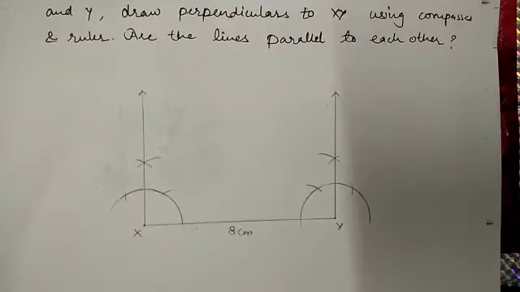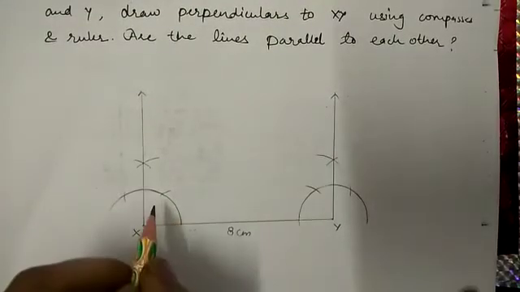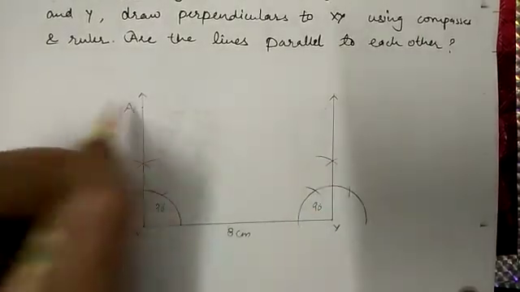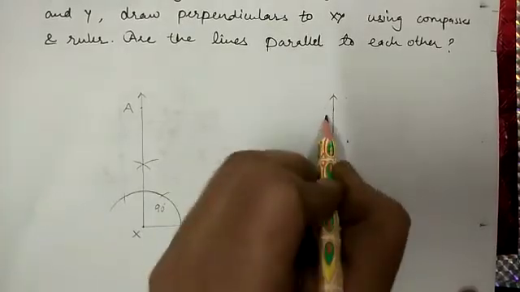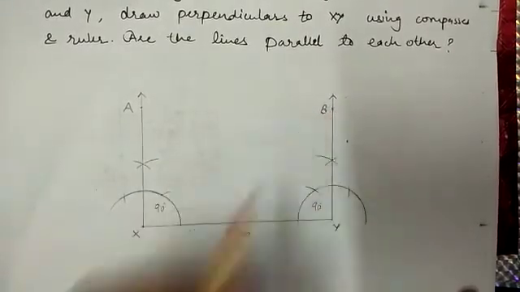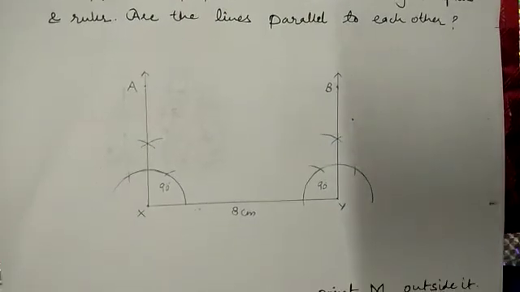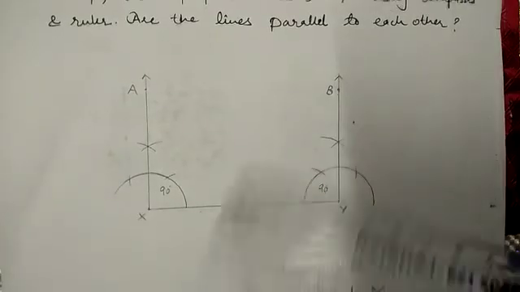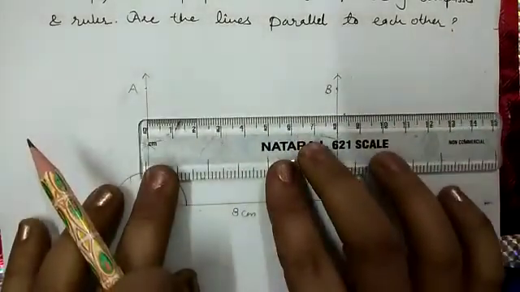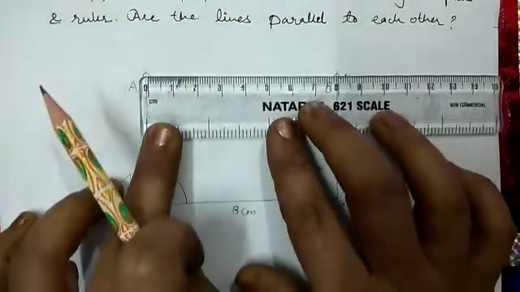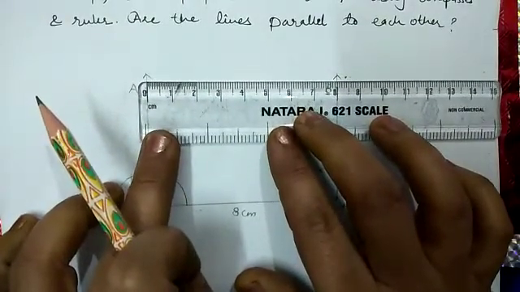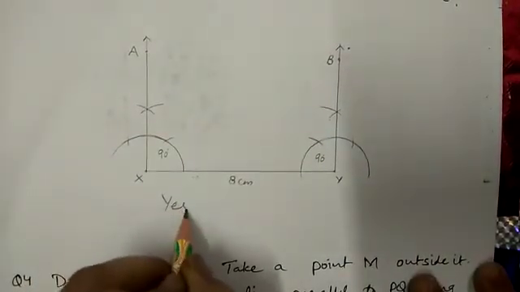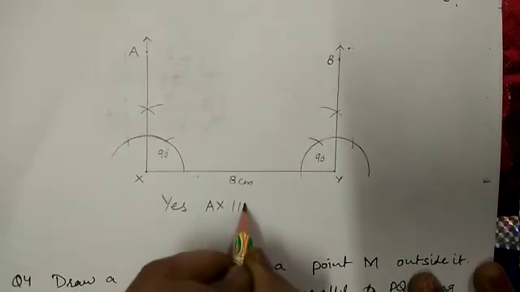See, I have drawn angles of 90 degrees on both X and Y, and here I am naming this point A, and here this point B. Now we have to check whether these lines are parallel to each other or not. If the lines are parallel, in that case the distance between these two points should be 8 cm everywhere. Are we getting it? Yes. So it means we will write here, yes, AX is parallel to BY.